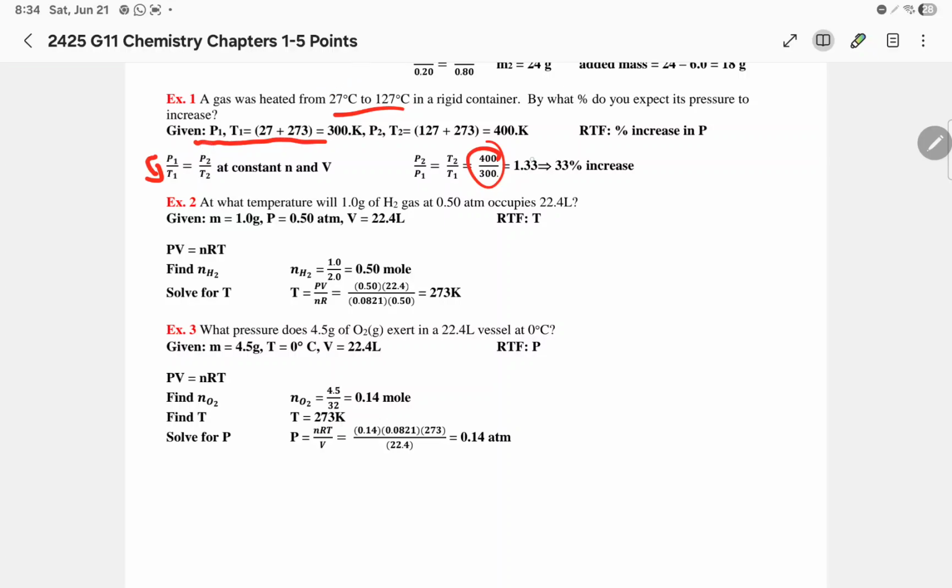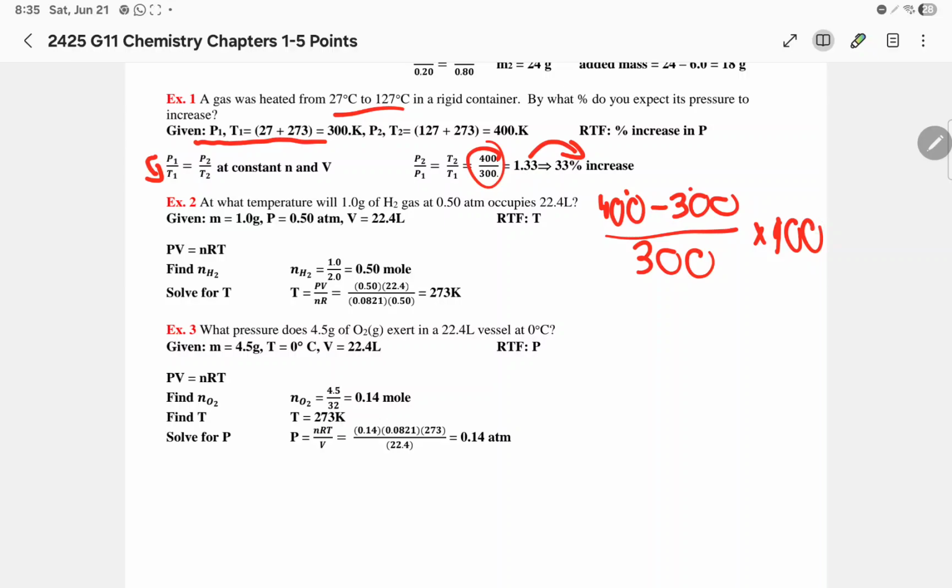I have absolutely no clue how that became a 33% increase. I don't know how they did it like this, but what I would have done is 400 minus 300 over 300. Final minus initial over initial. And then times 100.